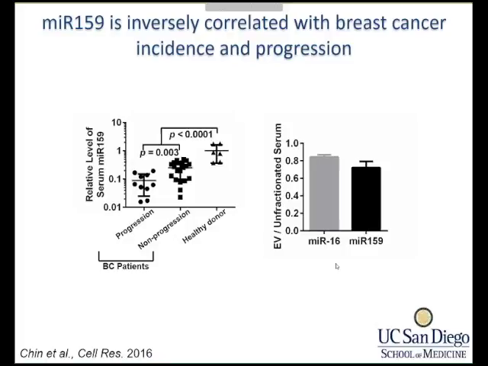So this again confirms the hypothesis brought up by others that plant microRNAs can be taken up by intestinal epithelial cells, which will then secrete extracellular vesicles into the circulation.